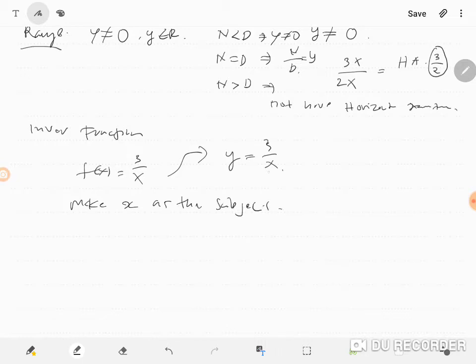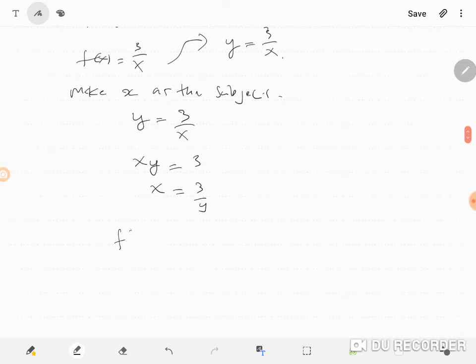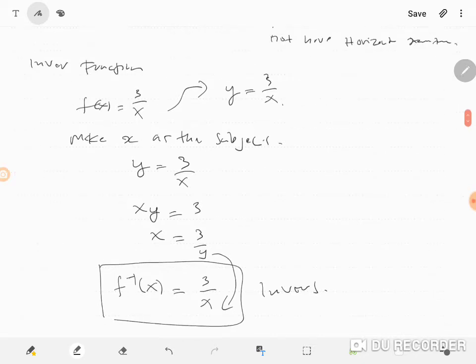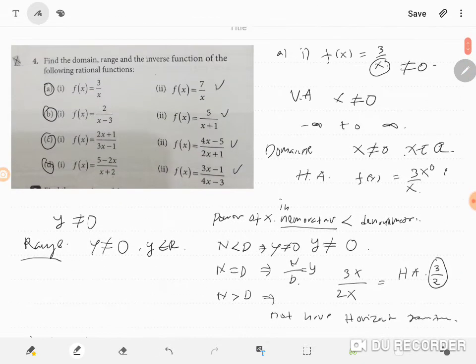How do you make x the subject when y equals 3 over x? We cross multiply, we have xy equals 3, and then x equals 3 over y. So f inverse of x equals 3 over x, changing y into x. So this is the inverse. You got it? This is for A. I hope you can do part (ii) using this method.